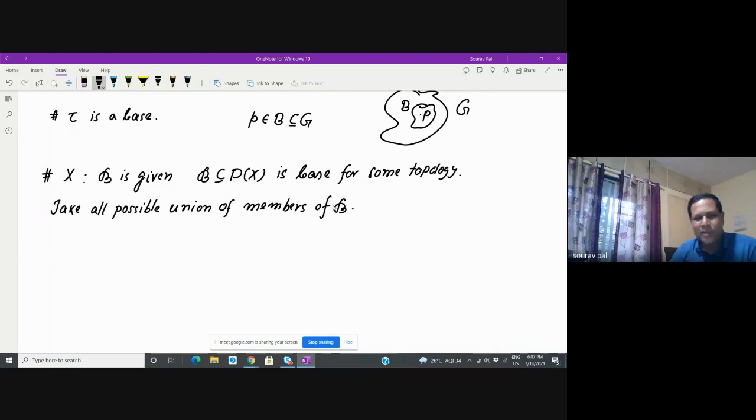So that is the topology that is generated by this base. That's what we say.